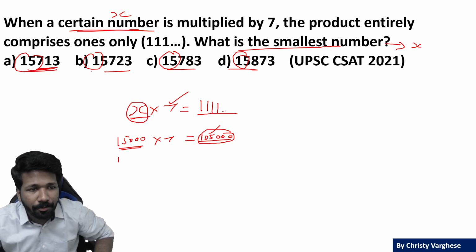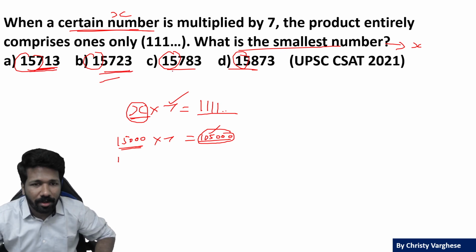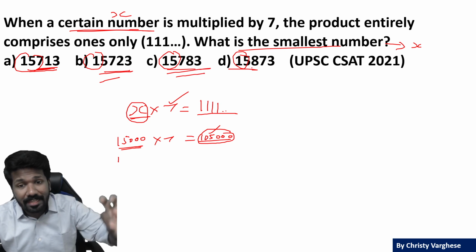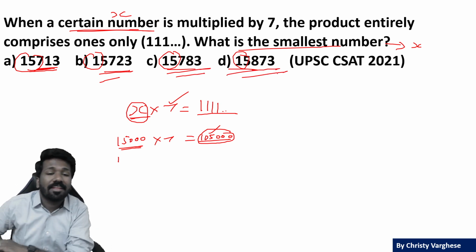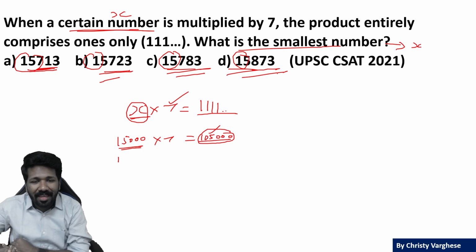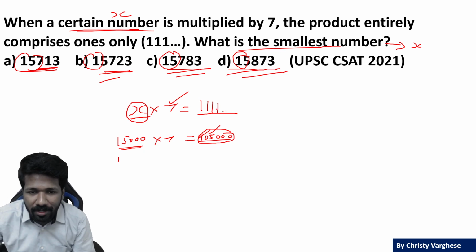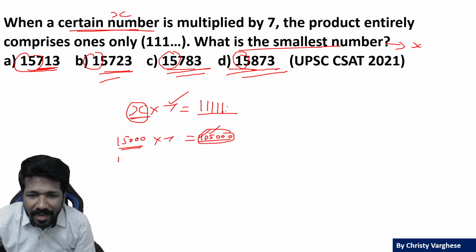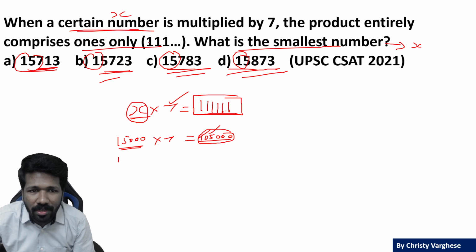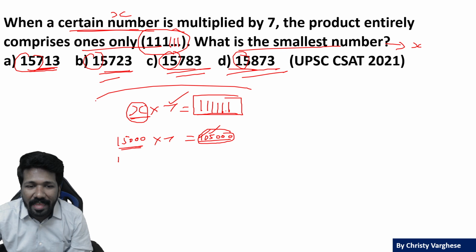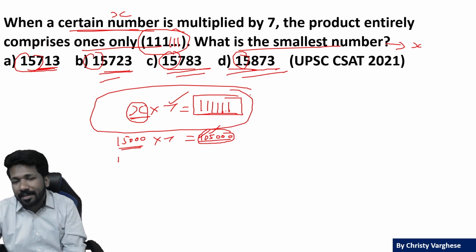So 15,713 into 7, 15,723 into 7, 15,783 into 7, 15,873 into 7, all these will be 6-digit numbers only. And that confirms that there are 6 ones in this. Only ones, that is 6 in number. That we are getting clarity. And that will solve this question super fast.